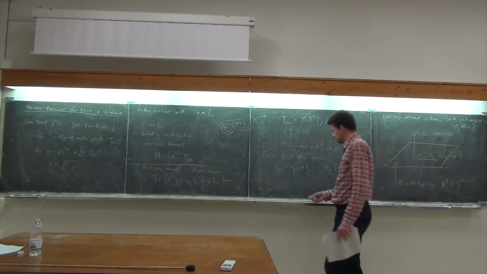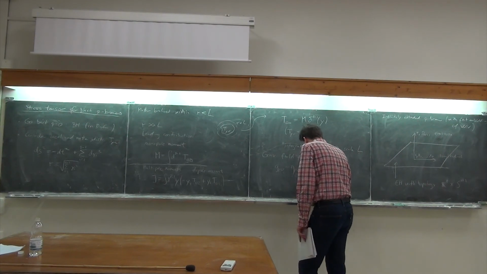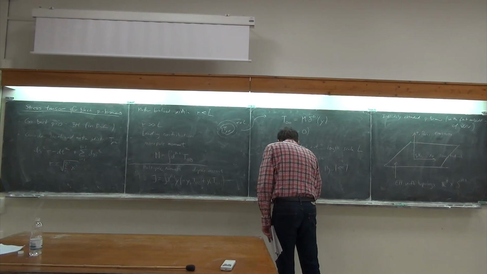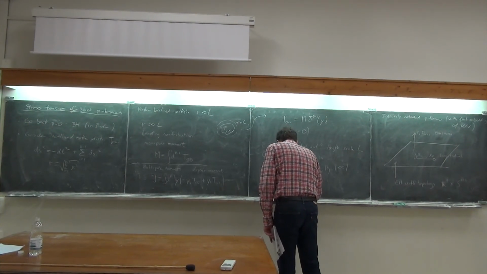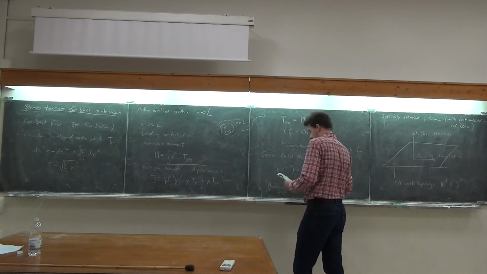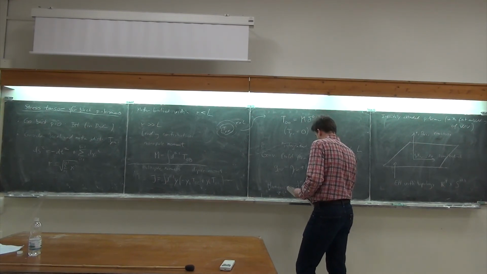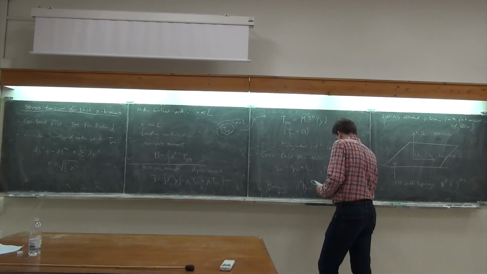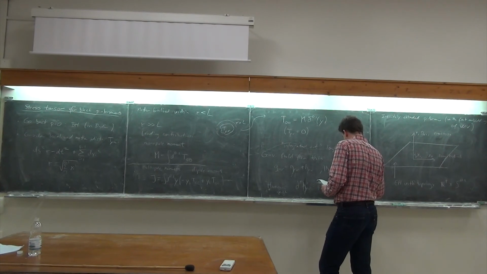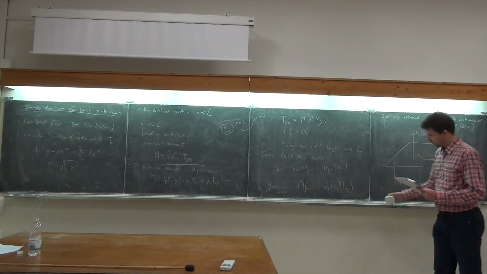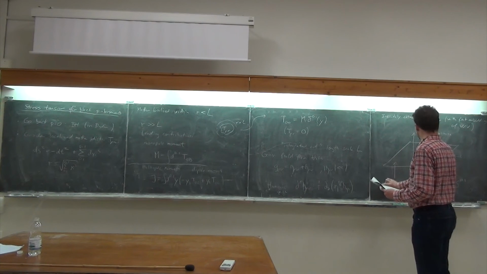And then, if you now choose something called the harmonic gauge, so this looks something like this, then you can write the Einstein equations in a very simple way.